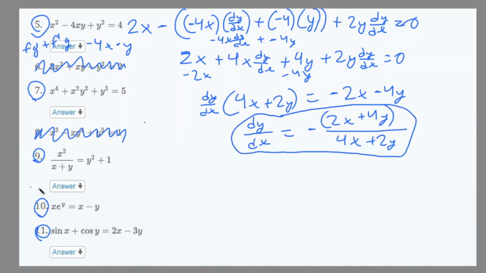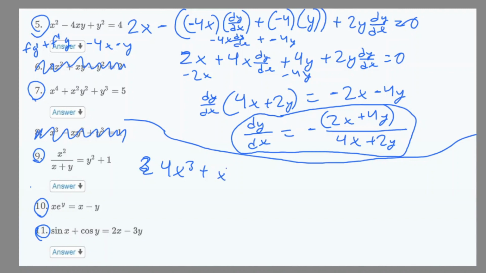And now let's get on to number 7. So number 7 is going to be down here. Number 7, we have x to the 4th power plus x squared times y squared plus y cubed equals 5. So we find the derivative, we're going to have 4x cubed plus, again, the product rule, which is fg prime plus f prime g, which is going to be plus x squared times 2y dy dx.